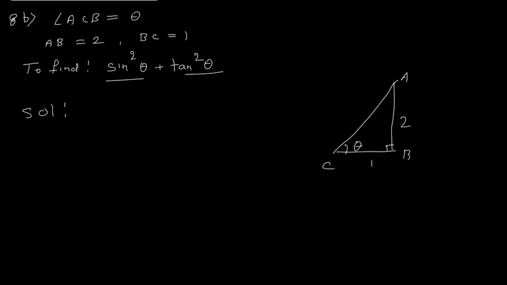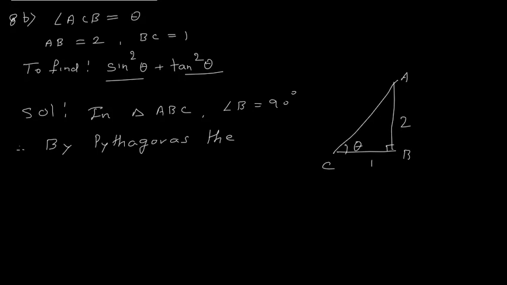So in triangle ABC, angle B is 90 degree. Therefore, by Pythagoras theorem, AC square will be equal to AB square plus BC square.